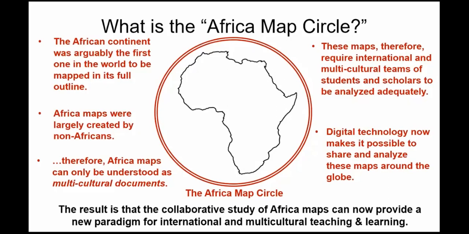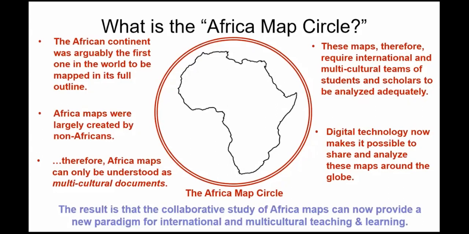This is what's new. The maps are old, but the technology is allowing us to do new things with them. The result is that the collaborative study of African maps can now provide a new paradigm for international and multicultural teaching and learning. This is very important because the techniques devised here are not just exclusive to Africa. They can be applied to any part of the globe with any linguistic tradition.